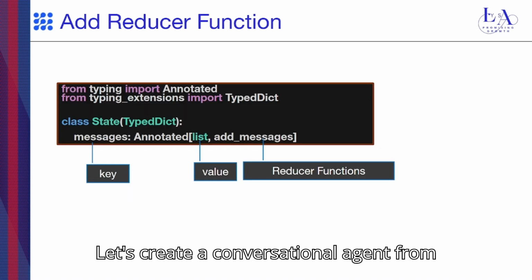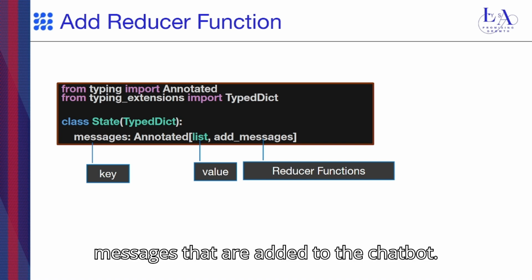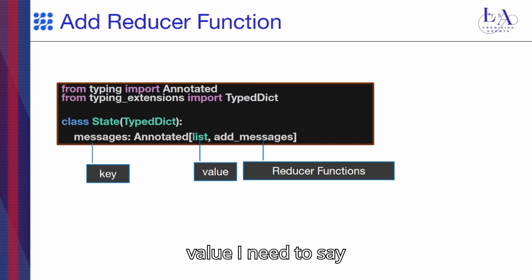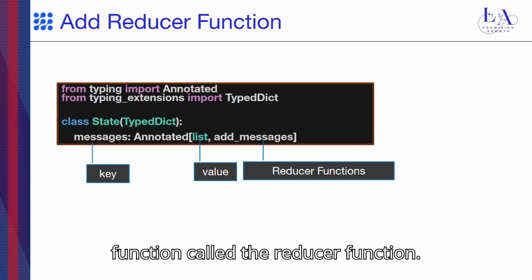Let's create a conversational agent from this. Now I will have multiple messages that are added to the chatbot. So other than the key and the value, I need to say how the list is going to be managed, for which I make use of a function called the reducer function.